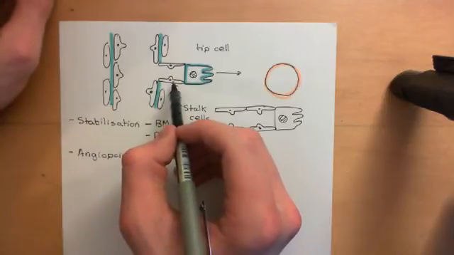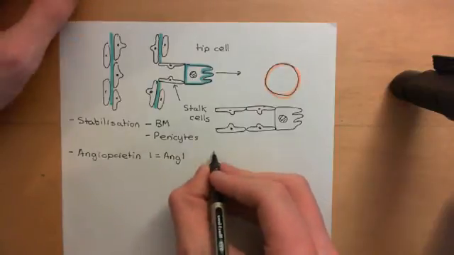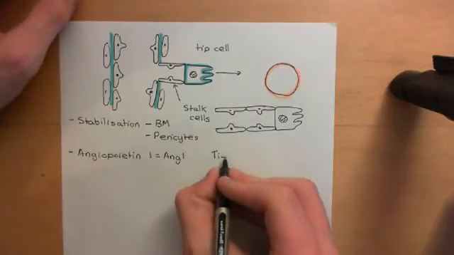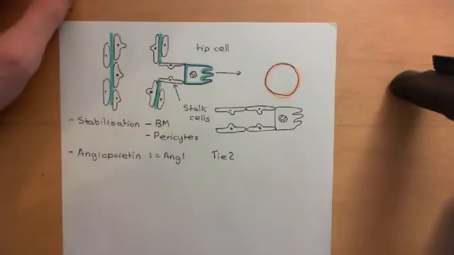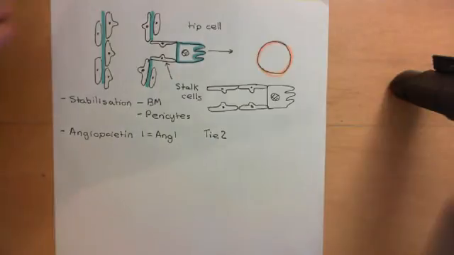So it acts on receptors on the surface of the endothelial cells, and the receptors for angiopoietin-1 are a receptor tyrosine kinase known as Tie2. Okay, so it's just another classical receptor tyrosine kinase like we saw for the vascular endothelial growth factor receptor 2, like we saw for fibroblast growth factor receptor 1.